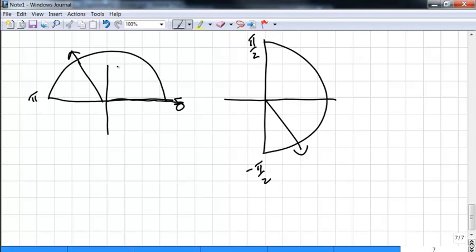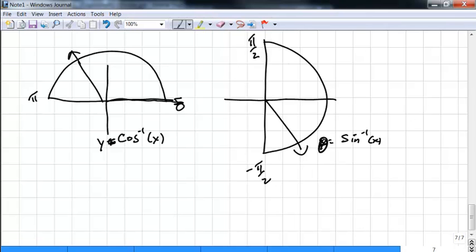Sine repeats itself, so sine can't be here, but cosine works here. So inverse cosine would give us an output between 0 and pi. Inverse sine gives us an output here. So if we do y equals inverse sine of x, then the y value is going to be something here.